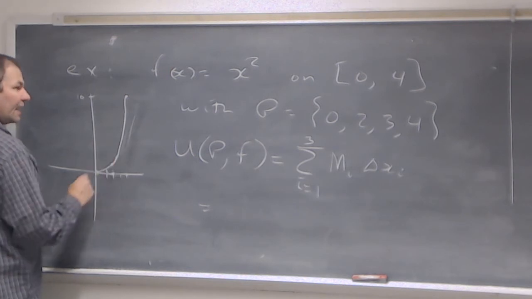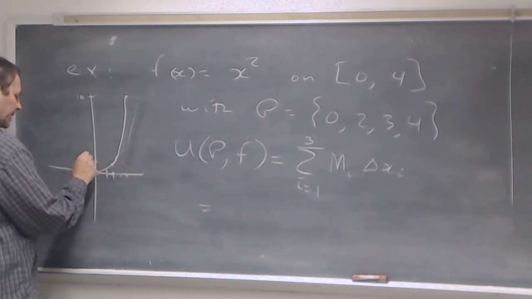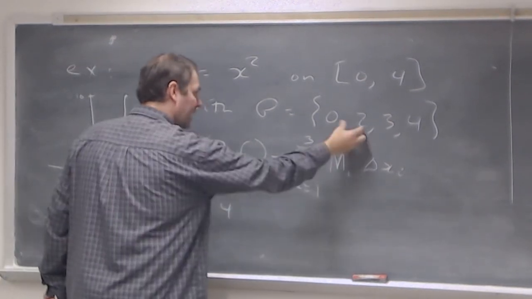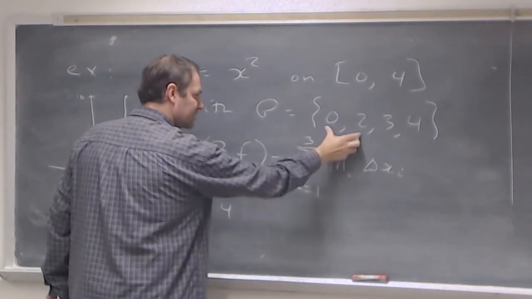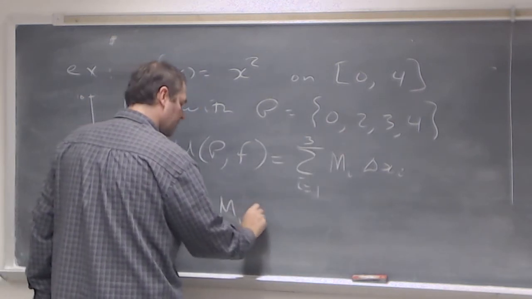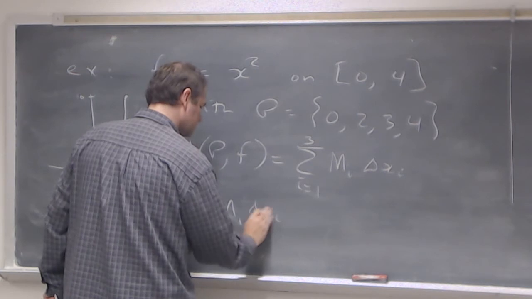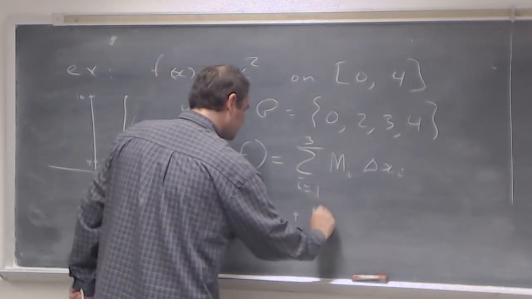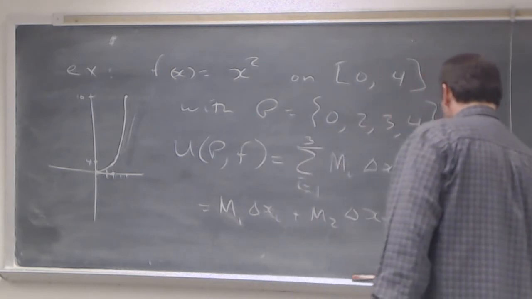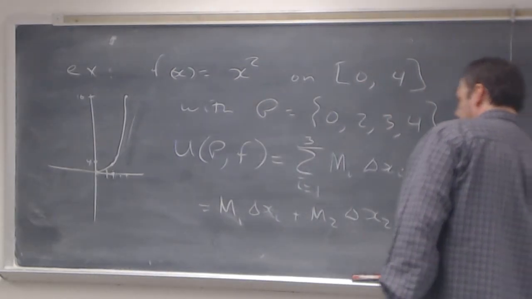The biggest is at f of 2, which is 4. Let me expand this first: M sub 1 delta x sub 1 plus M sub 2 delta x sub 2 plus M sub 3 delta x sub 3.